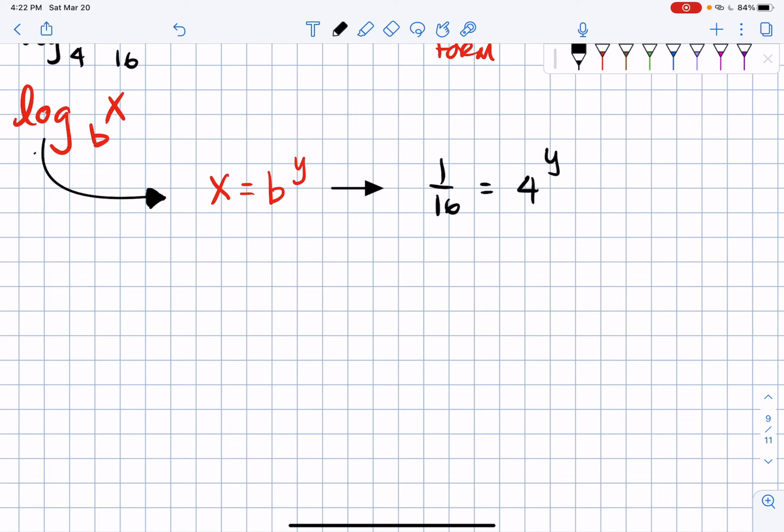So doesn't that tell me that y is equal to -2, since 4 to the -2 would mean 1 over 4 squared, which would be 1 over 16? Right? So, with that being said, then I have choice D.